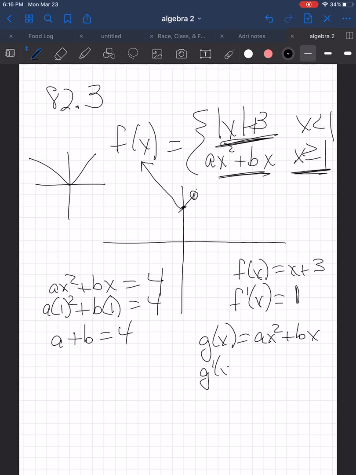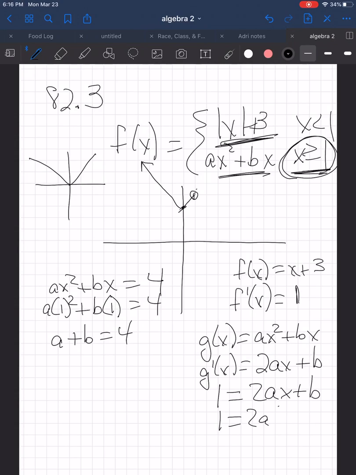So g prime of x will be equal to 2ax plus b. And we know that in order for it to be continuous, the derivatives have to be the same. And since this one over here is 1, we can set this equal to 1. And we also know the x value is 1 because x is greater than or equal to 1. So let's plug in a 1 for x. So that gives me 1 equals 2a plus b.